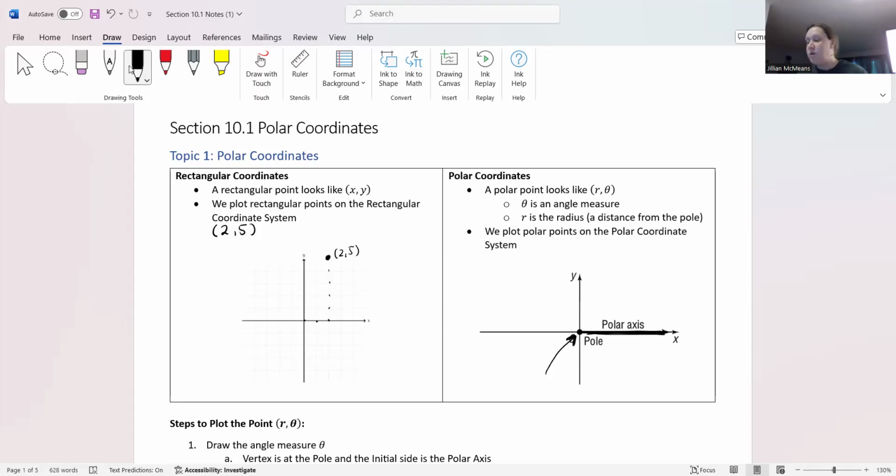Now what's really cool about polar coordinates is it opens up this new world for us. When you get into maybe little bits of Calc 2, but definitely Calc 3, you're going to need to understand polar coordinates, polar equations, all sorts of things in this new world. And it's going to make things easier for us.